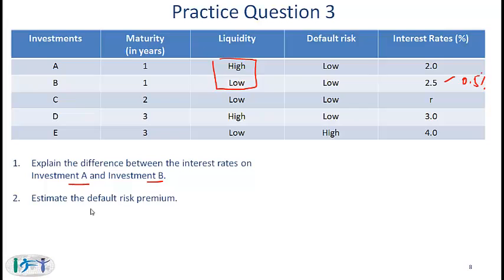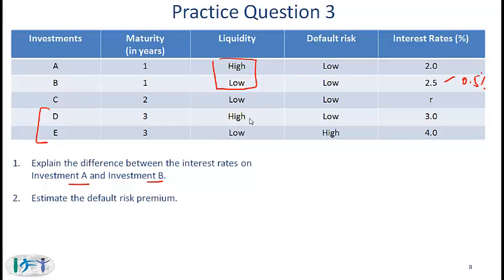Next question is estimate the default risk premium. And before you go on, try to solve this on your own. If you look at investments D and E, notice that they are both 3-year investments. They have a different liquidity in the sense that D is high liquidity, E is low liquidity, default risk is different, and interest rates are different. What we need to do is make the liquidity the same.